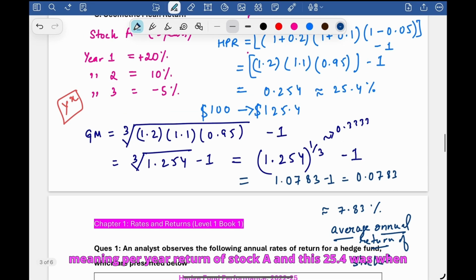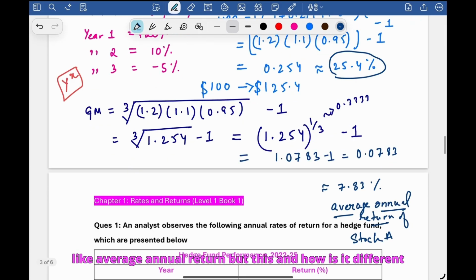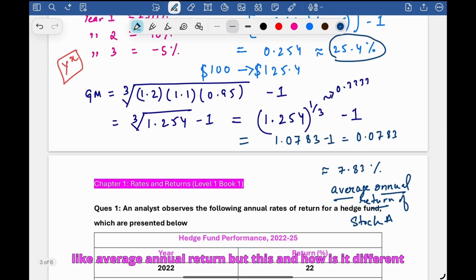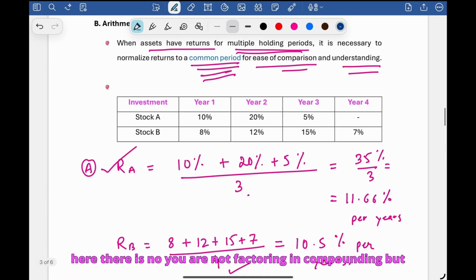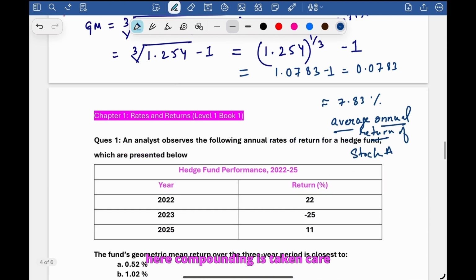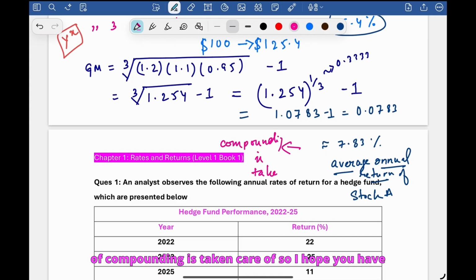And this 25.4% was when you hold it for the entire 3 years. How is this different from our arithmetic mean return? There, you are not factoring in compounding, but here compounding is taken care of. I hope you have understood the concept.